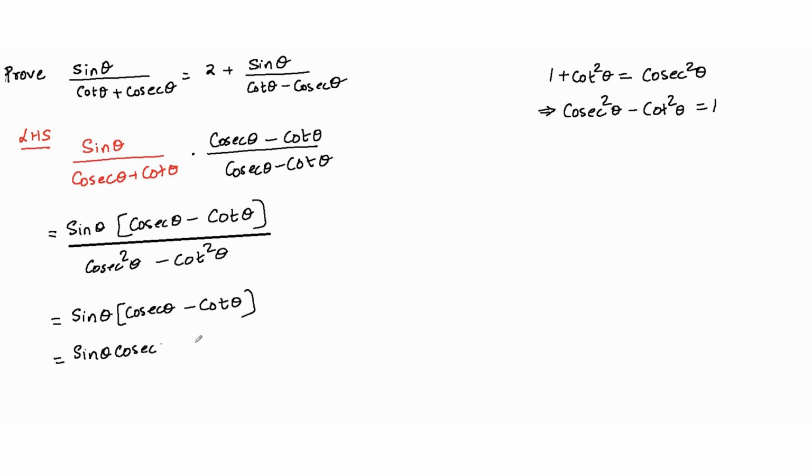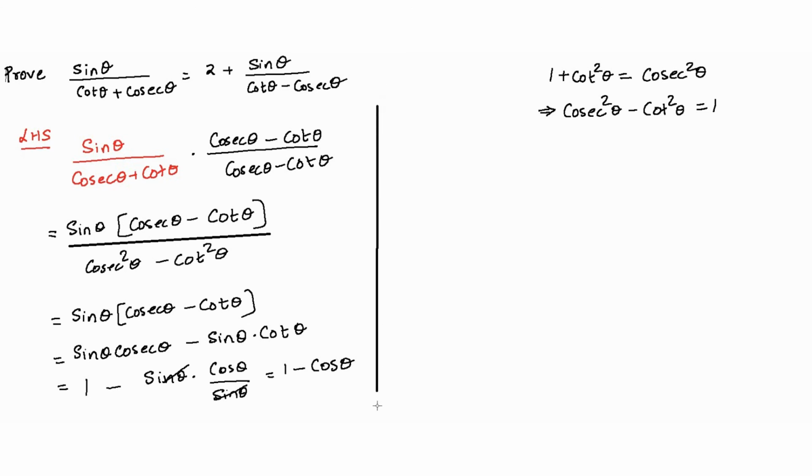This becomes sine theta into cosec theta minus sine theta into cot theta. Now sine theta into cosec theta is 1 minus sine theta multiplied by cot theta is cos theta by sine theta. Again sine theta cancels and therefore I get 1 minus cos theta, right? This is my LHS.